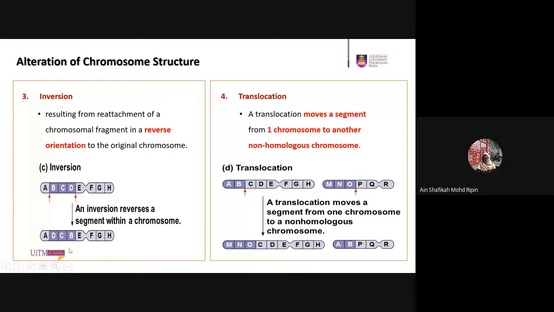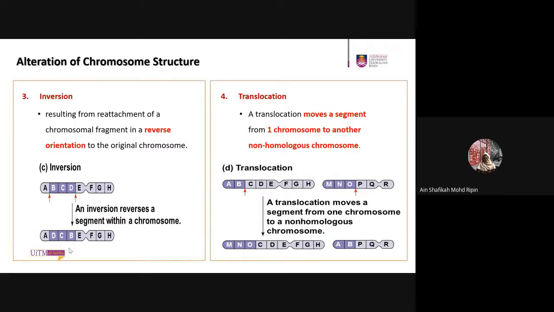This will also affect the expression of the gene, because gene expression is also influenced by its location. Even though the gene is not lost from the chromosome, it will still affect how the gene is expressed. Understand? So that is inversion.